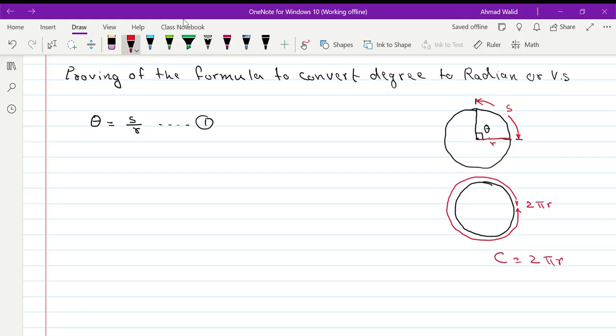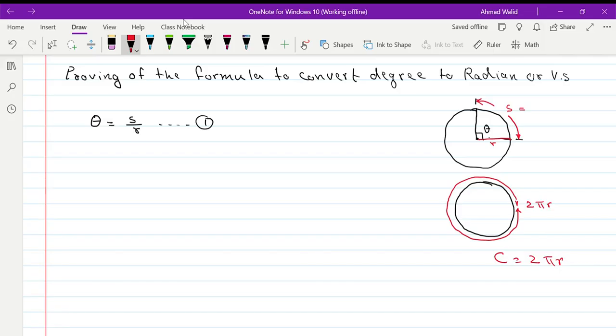You saw this before. Now, if I ask you, how much is the length of S? It shouldn't be difficult for you to understand because 90 degree is a quarter of a circle, correct? It's a quarter of the circle.